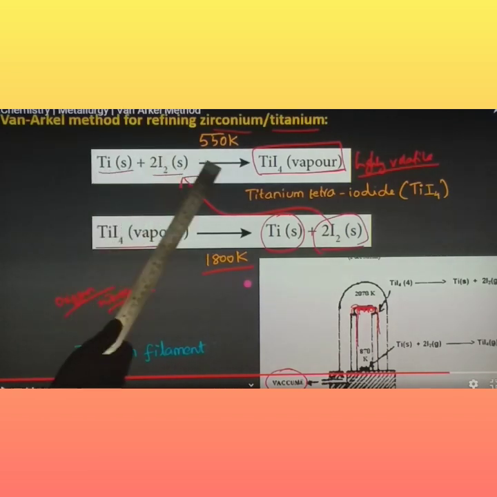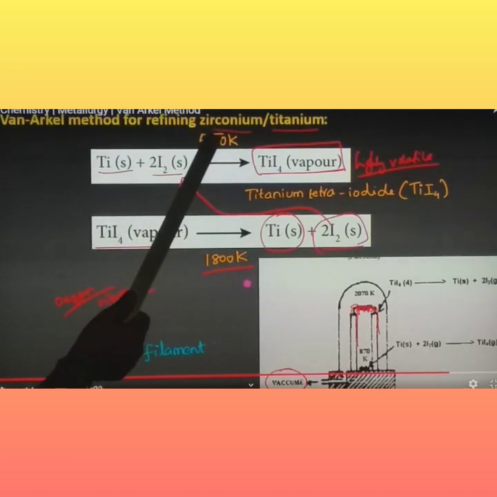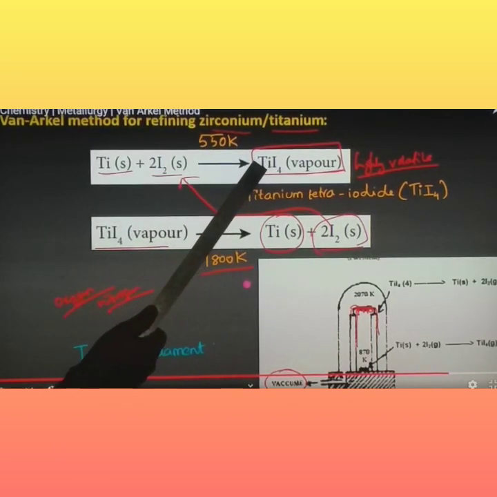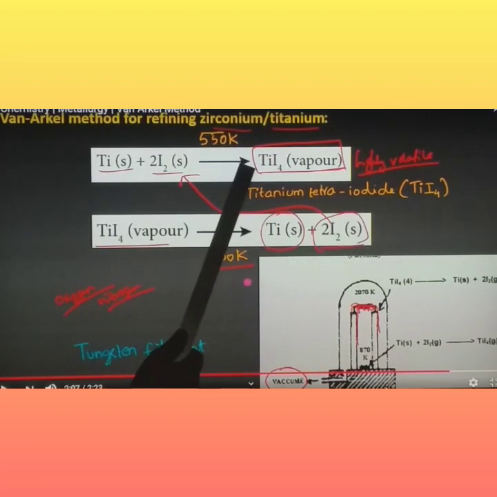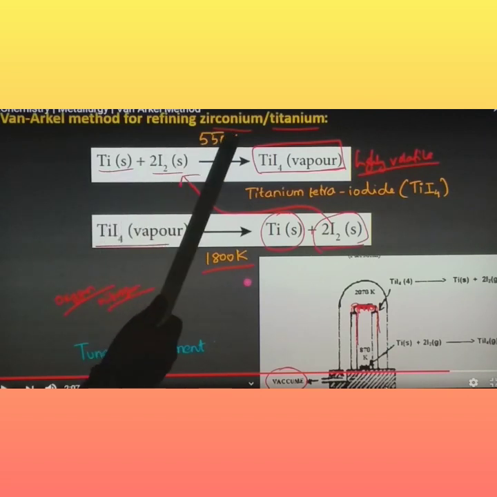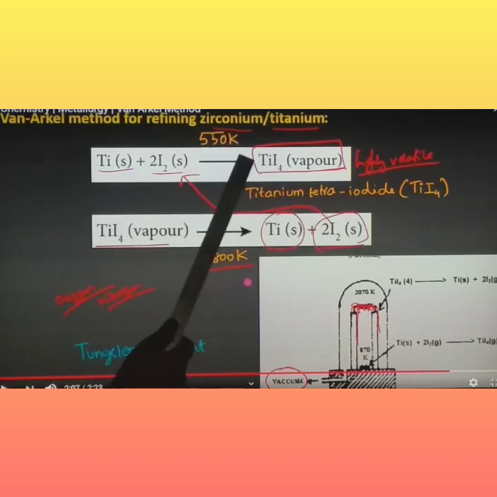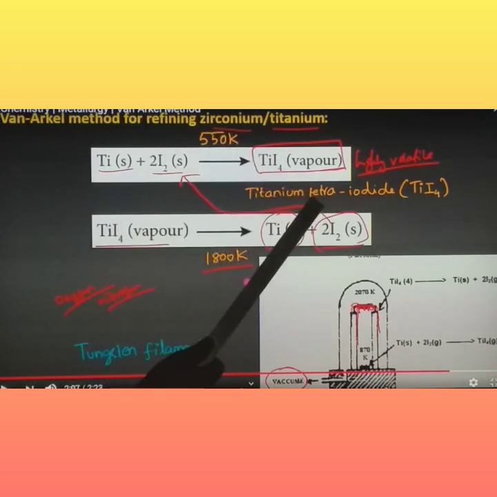Both combine together and are heated, undergoing a thermal decomposition process. At 550 Kelvin, it forms titanium tetraiodide, which is highly volatile in nature. That means when the two solids are heated at this temperature, they change into titanium iodide vapor, which will be collected in this chamber.